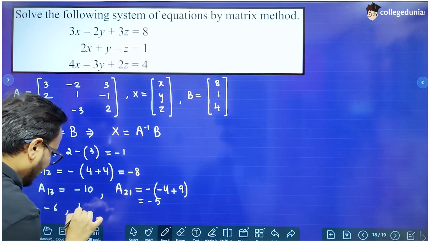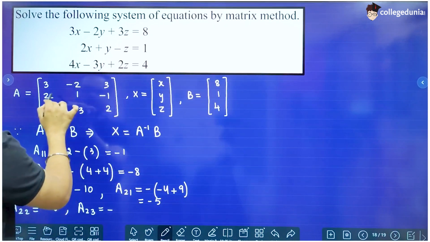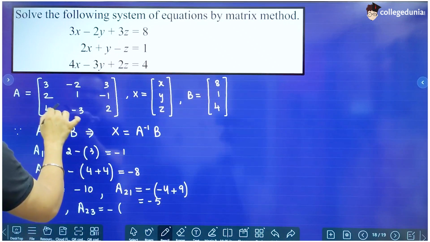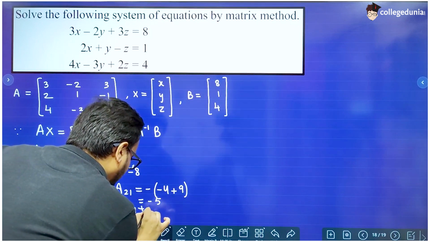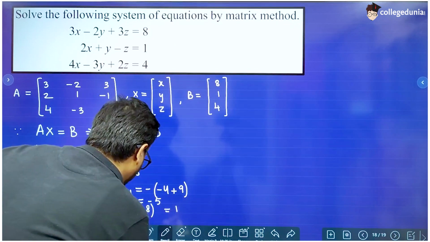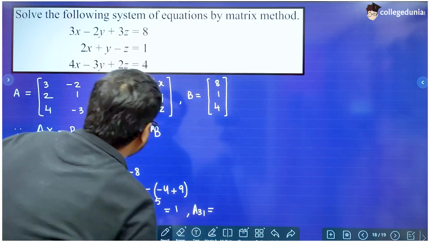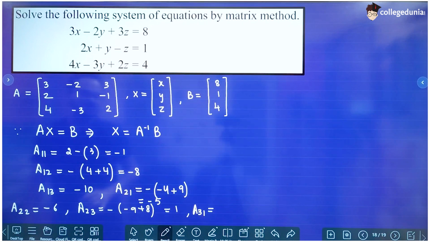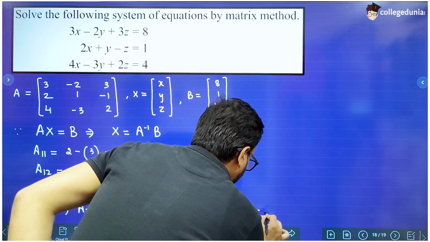A 2, 3. Negative. Minus 9 plus 8, which is 1. A 3, 1. Positive. Leave this and this. So this is 2 minus 3. That is minus 1, right? A3, 2.